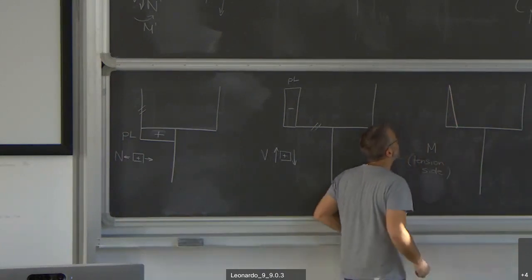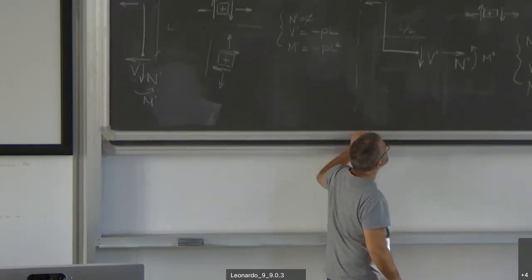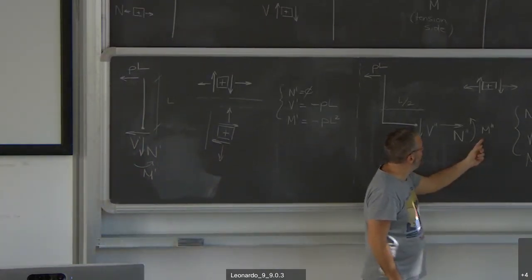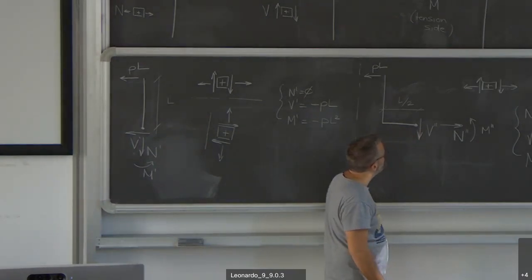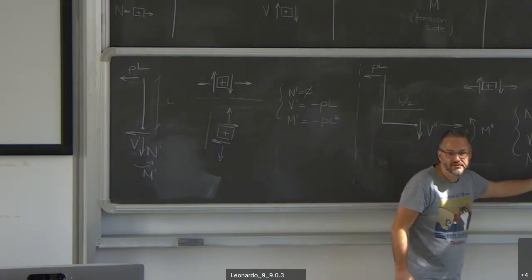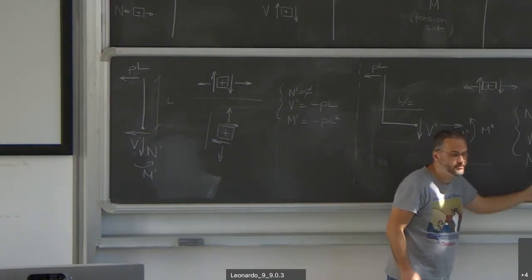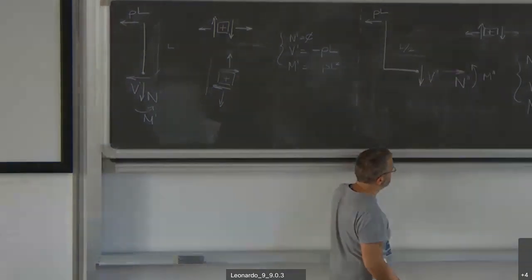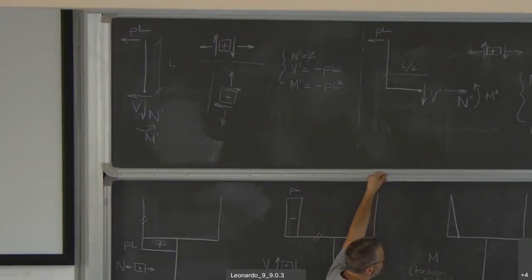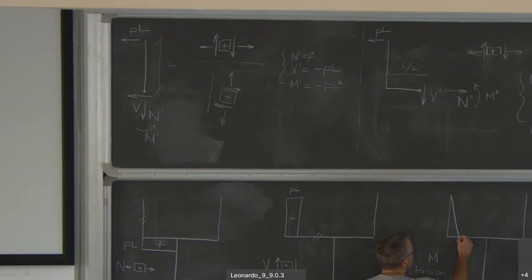Then M second, I assumed it to have tension at the bottom. The value is negative, so tension is at the top. A quarter of circle, and then like this.